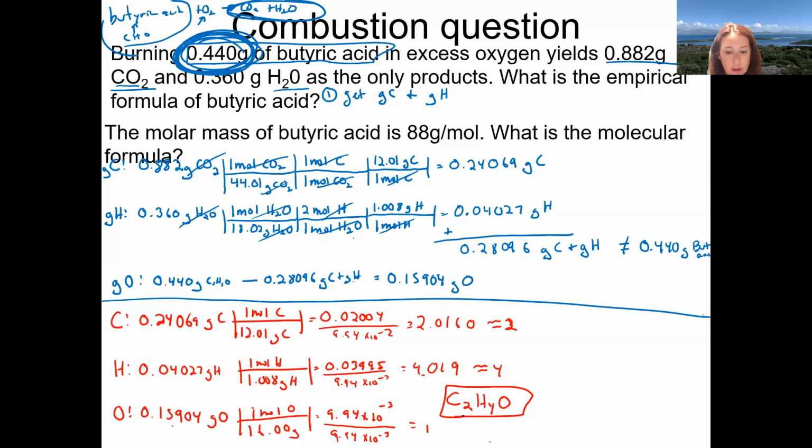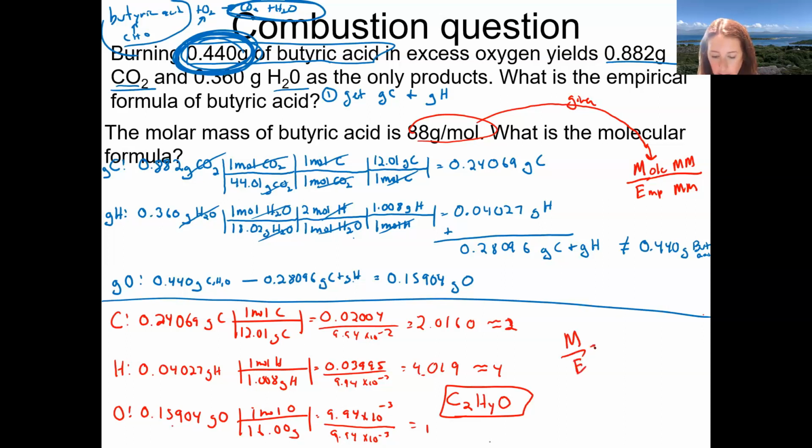Really quickly, I'm just going to talk about the molecular formula. The molecular formula is pretty simple. For the molecular formula, you just do the molecular formula molar mass over the empirical formula molar mass. The molecular formula molar mass is always given, 88 given.